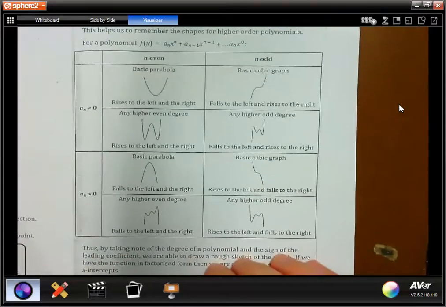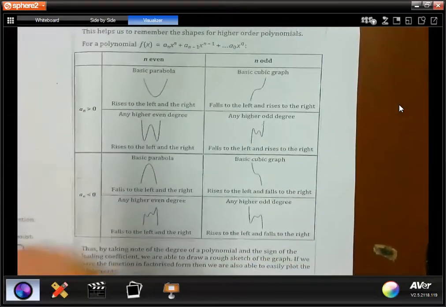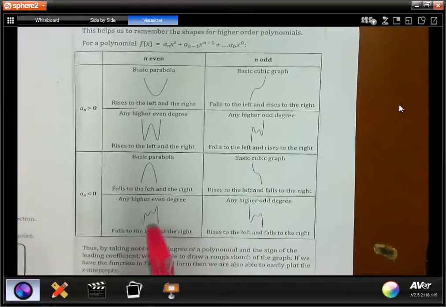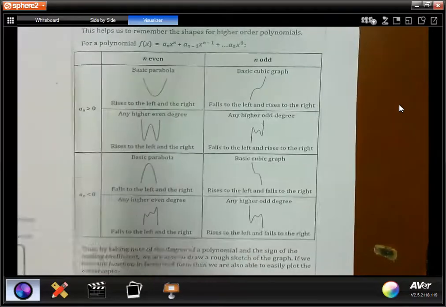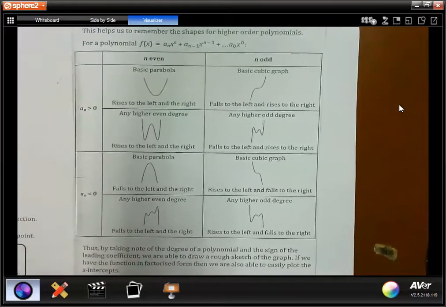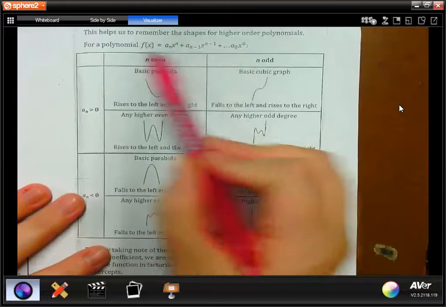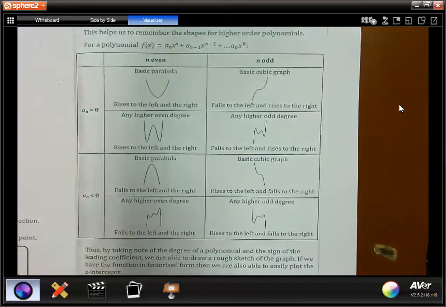Now, this is basically a summary of the different shapes, I suppose. The ones here at the bottom look very complicated, but what we're actually looking at is what happens to the left and to the right. So what they said here is that if you have a polynomial, you can just highlight that.